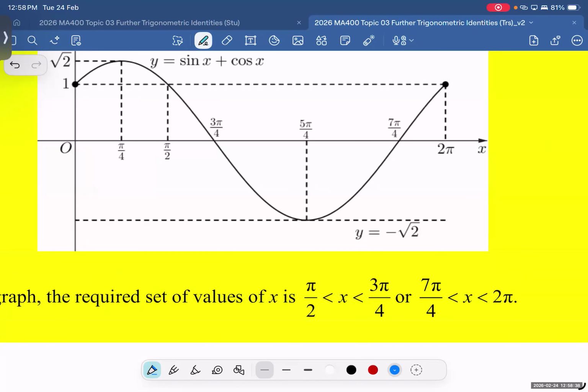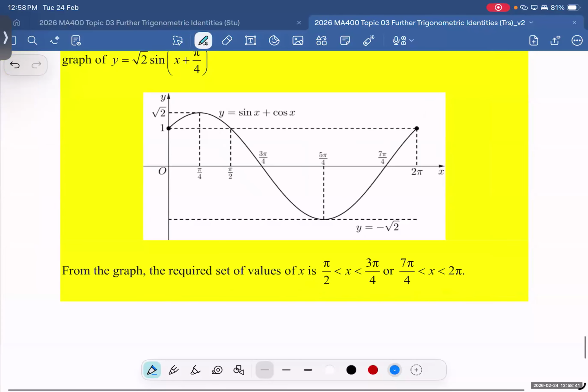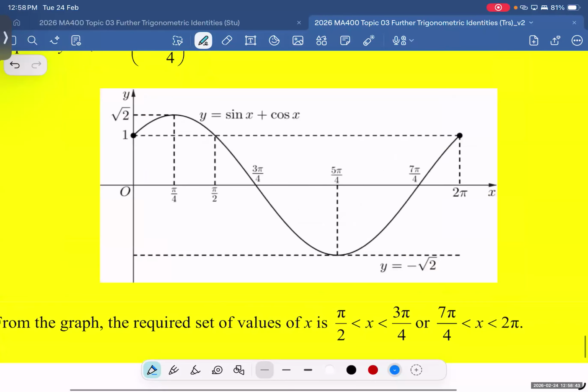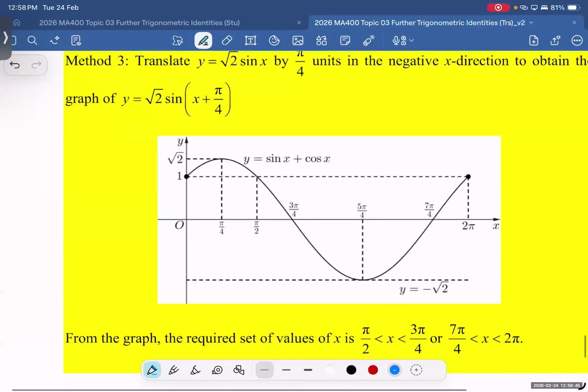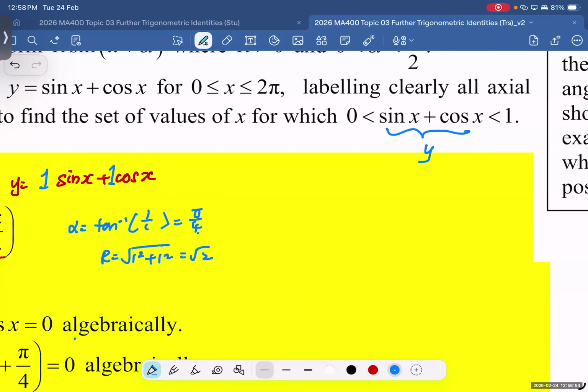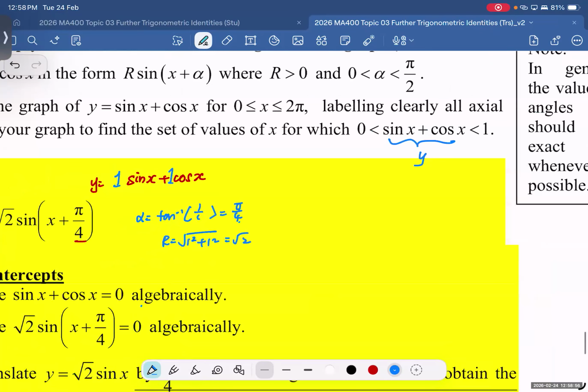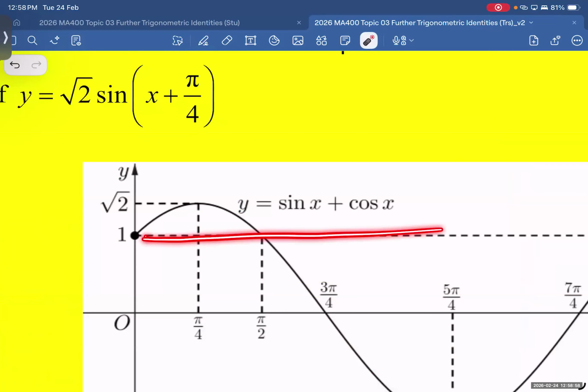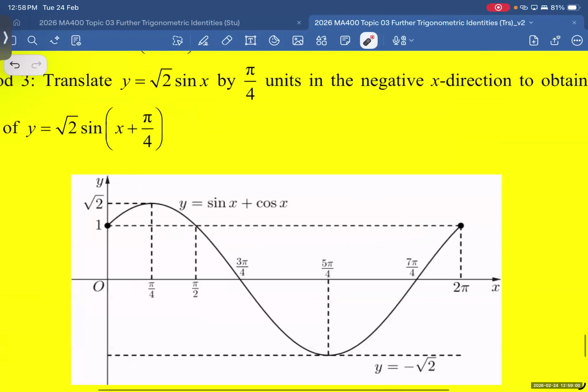Okay, good question. So now I want it to be between 0 and 1, am I right? You are talking about a y value between 0 and 1. So Mitra, when I look at the graph, for it to be between 0 and 1, it's basically here to here.